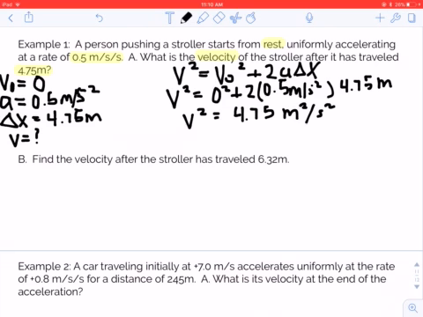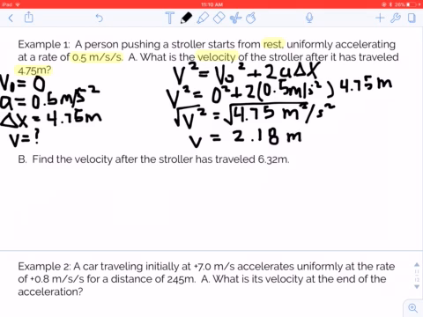To get v by itself, I'm going to take the square root of both sides of my equation. v squared, we just get v. We take the square root of 4.75, we get 2.18, rounding to the 100th place. Square root of meters squared is simply meters.